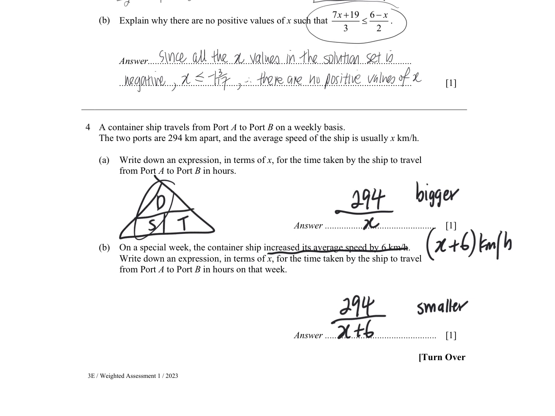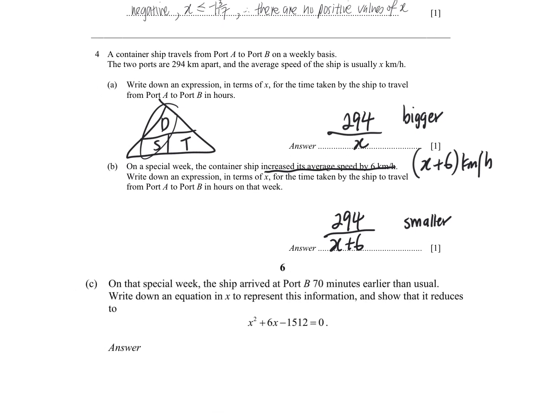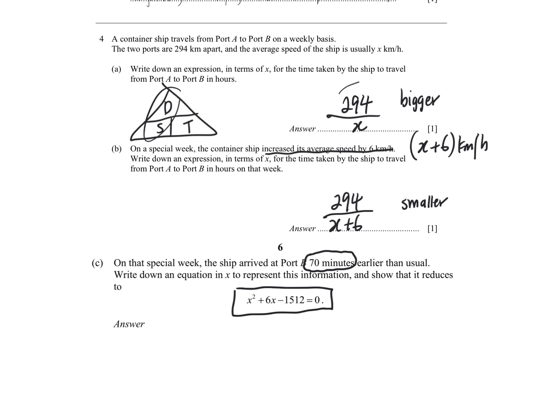So wait, I will come. So when you look at this, it says that the ship arrived 70 minutes earlier than usual. Find the equation in x to represent this information. So if the difference is 70 minutes, you need to use the bigger to subtract the smaller one.